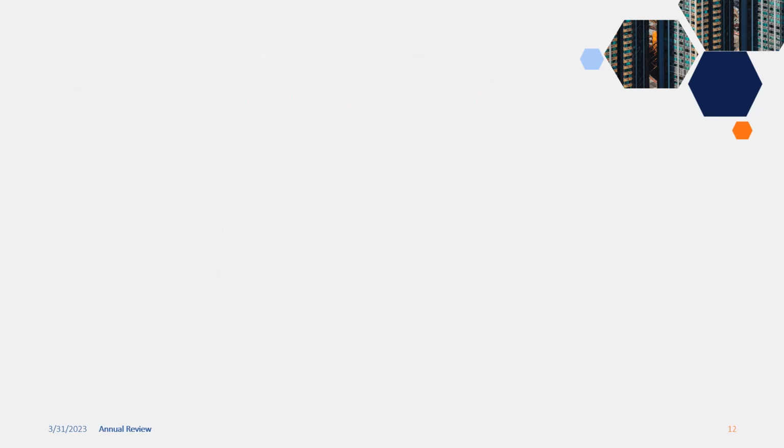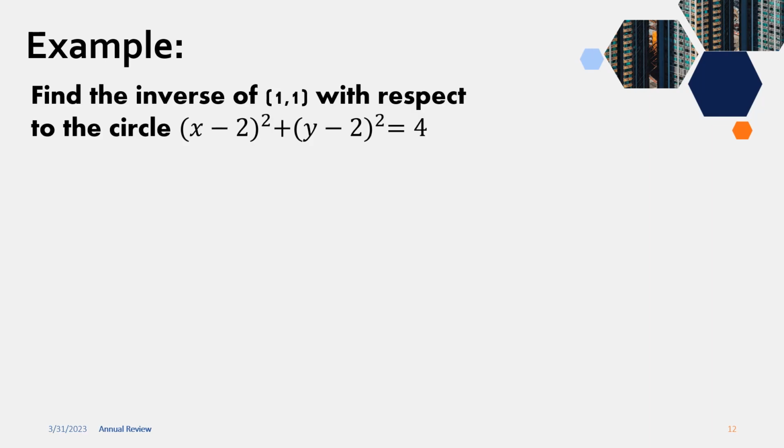For example, find the inverse of 0.11 with respect to the circle. This is the standard form of our inversion circle, having the center at (2, 2), which is the h, k, changing the sign, and having the radius of 4.